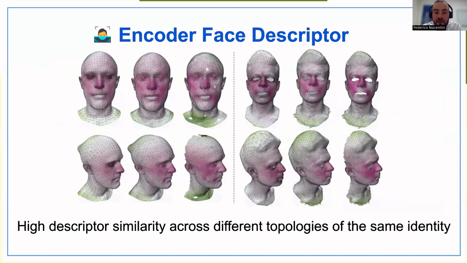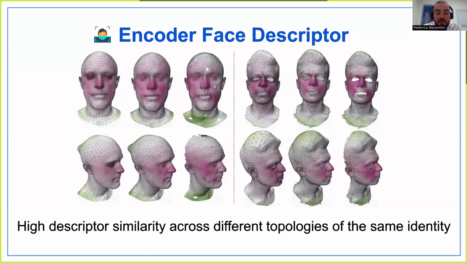Here we have an example of features extracted by the DiffusionNet blocks in the ScanTalk encoder. In particular, we have two identities in different topologies. On the left, we have the same identity but in three different topologies, and the same on the right.